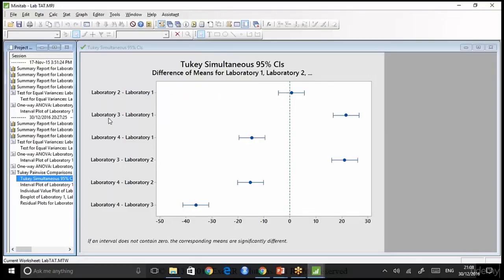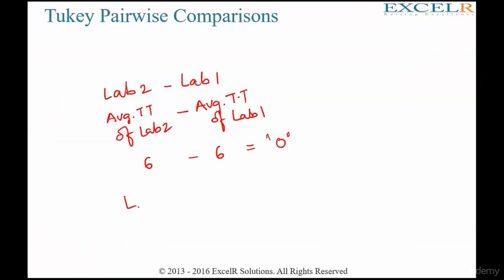Now let us look at lab 3 minus lab 1. If the transaction time of lab 3 is greater than lab 1, you would have all these difference values which will be greater than 0.